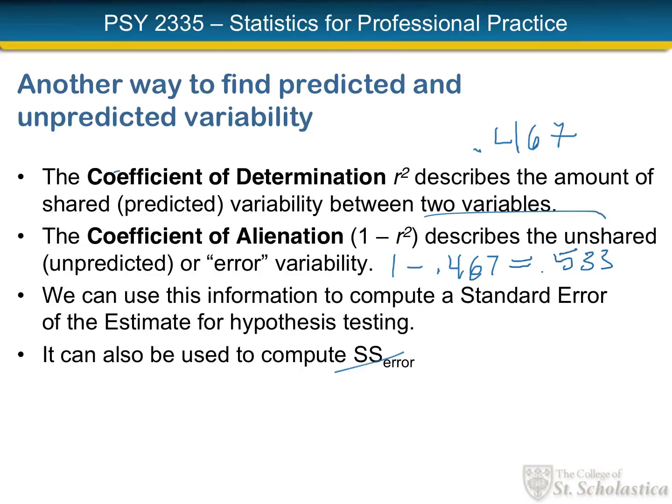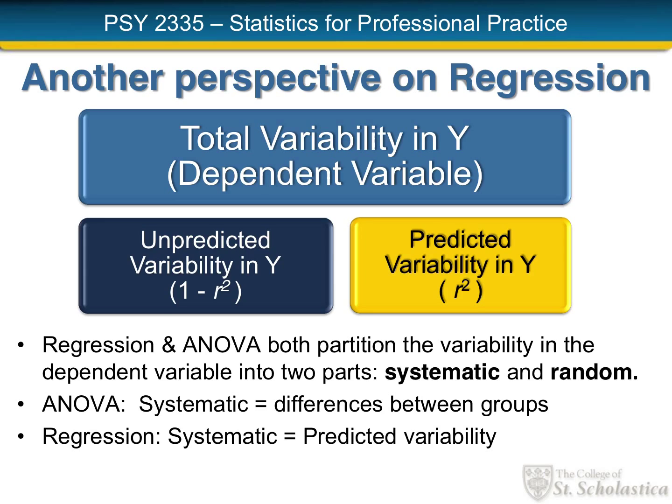So we can use this information to compute a standard error of the estimate for hypothesis testing, and the textbook goes about showing you how to do this, and it means we could also compute a sum of squares error. That sum of squares error takes us back to the perspective of the analysis of variance. If you remember a few weeks ago when we were studying ANOVA, we looked at the total variability in the dependent variable, and we partitioned it into two parts.